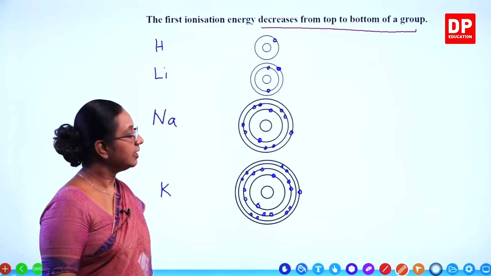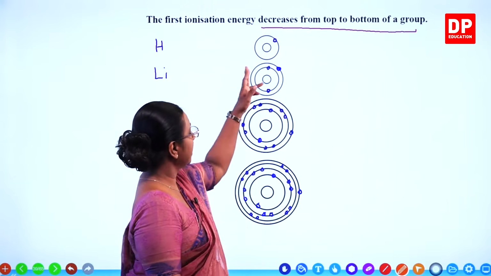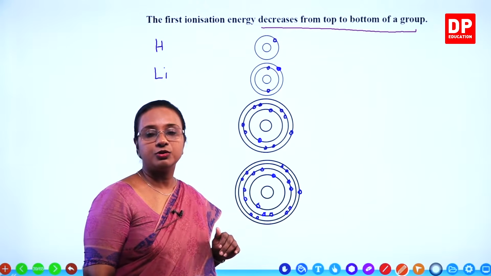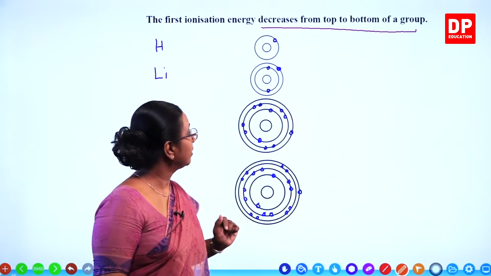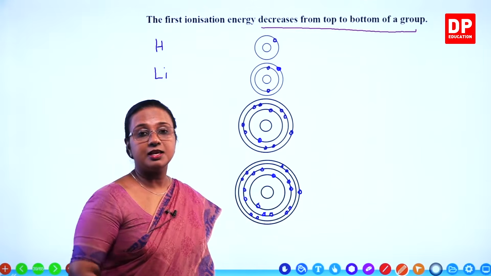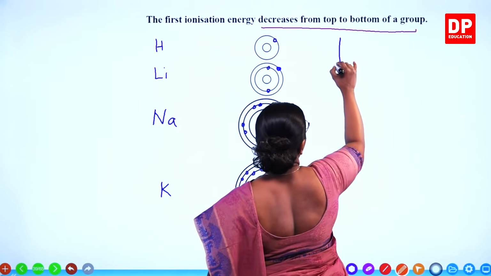So this is the electronic configuration. All these elements have only 1 electron in the last shell, so that's why they belong to group 1. But you can see the number of shells increasing when you go down the group from top to bottom.